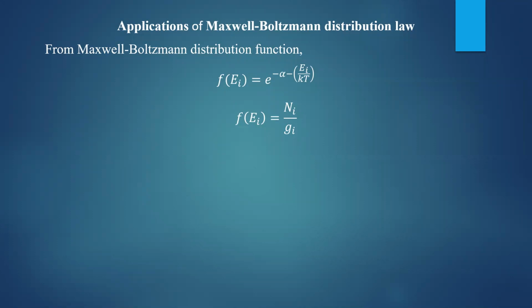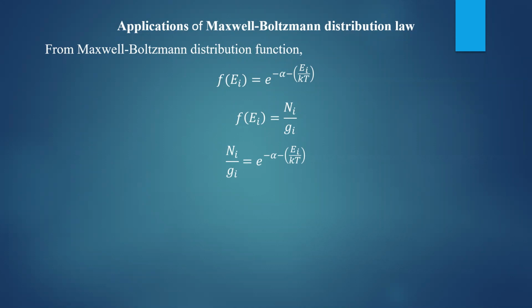If you compare these two equations, the left-hand sides are the same. If you equate the right-hand sides, Ni by Gi is equal to e to the power minus alpha minus Ei by kT.